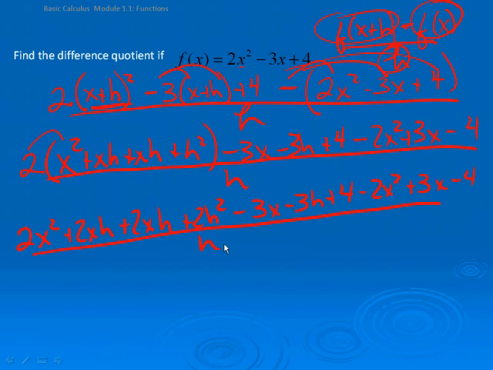Now I'm going to combine like terms, and notice that this 2x squared will cancel with this negative 2x squared. Notice that this negative 3x and that positive 3x will cancel.